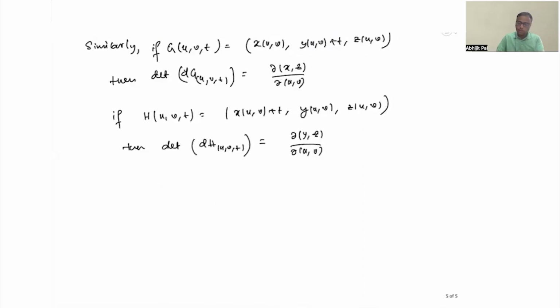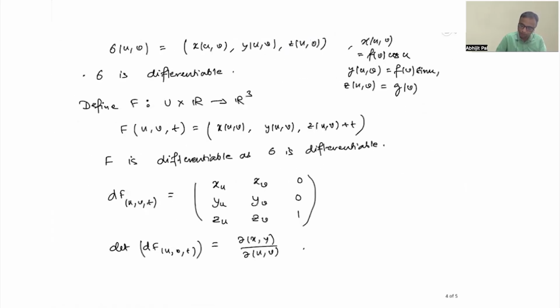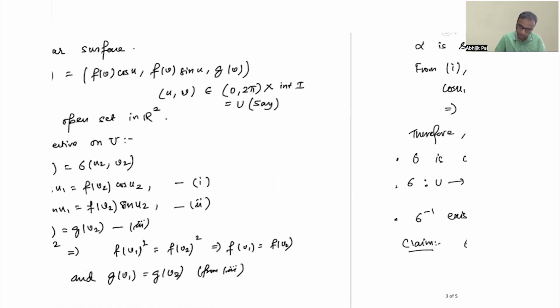So what is the purpose of doing this thing? So now, again, let us take this sigma(u,v), which is defined to be equal to (f(v) cos u, f(v) sin u, g(v)).